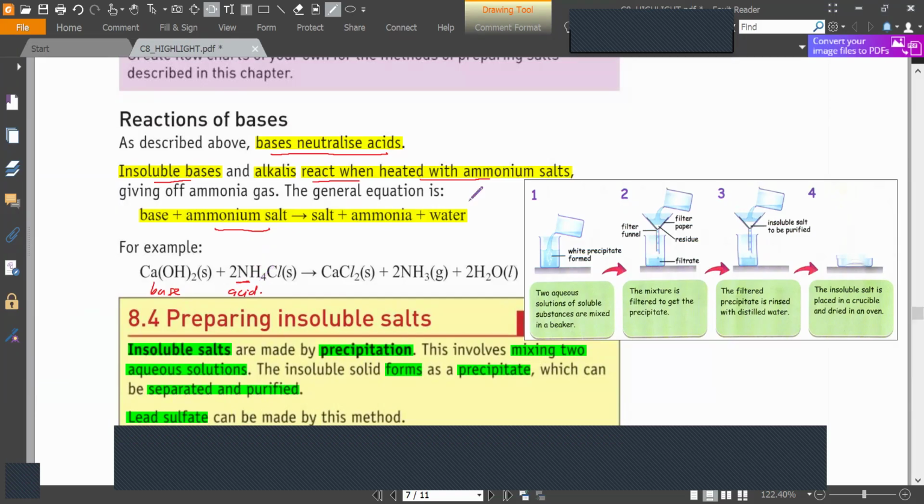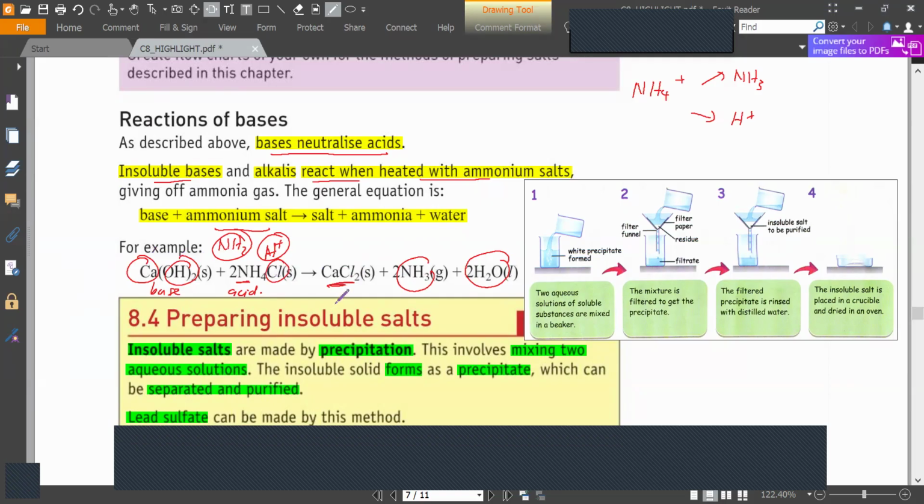Why? Because the ammonium can break down to form ammonia and H plus. The H plus will react with OH to form water, and the ammonia becomes the ammonia product, and then the calcium and chloride react together to form the salt.